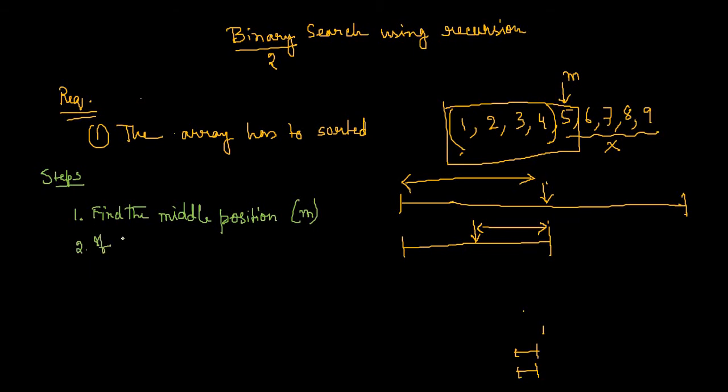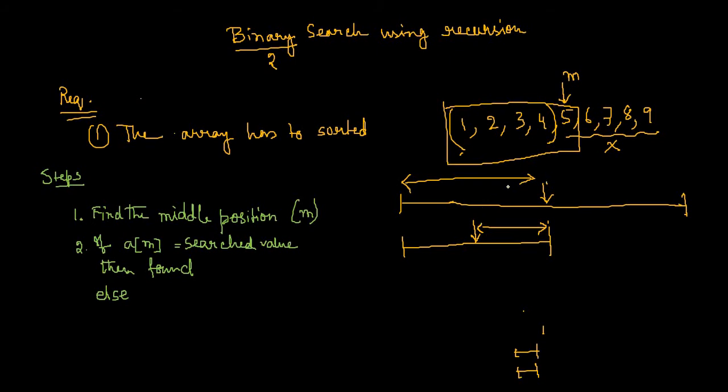If the array of M is equal to the searched value, then found, no issue. But if it is not true, then in the else part, what can I do? I have to write something so that my search space is minimized to half.